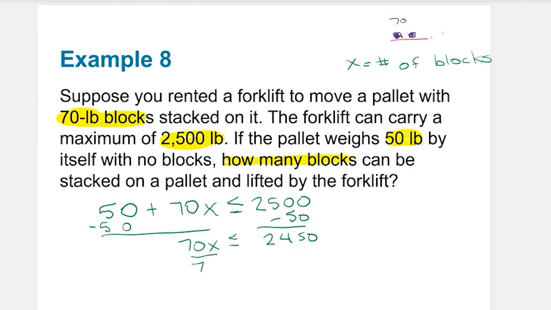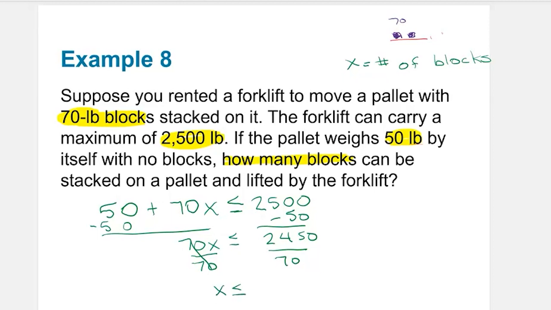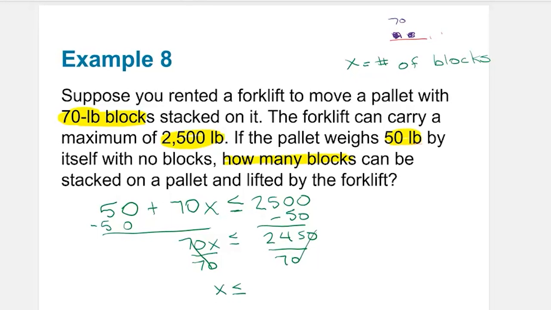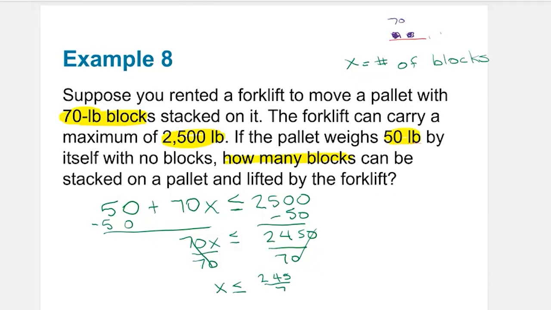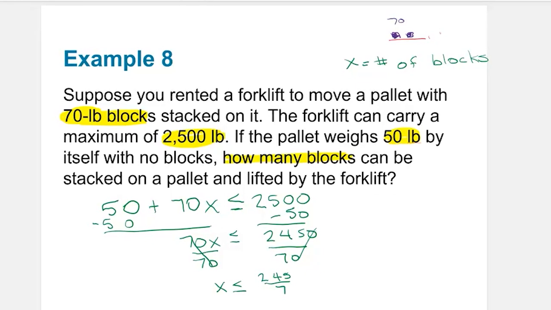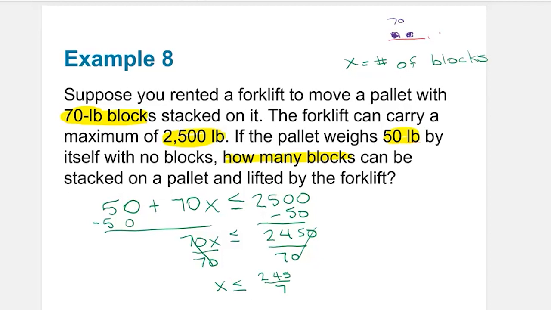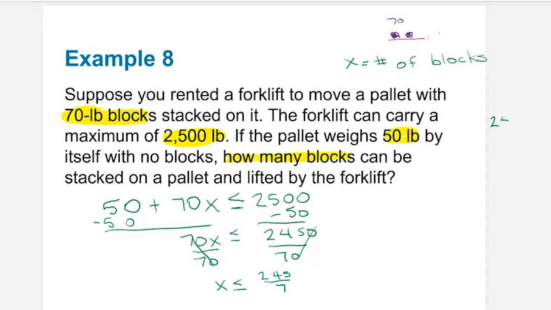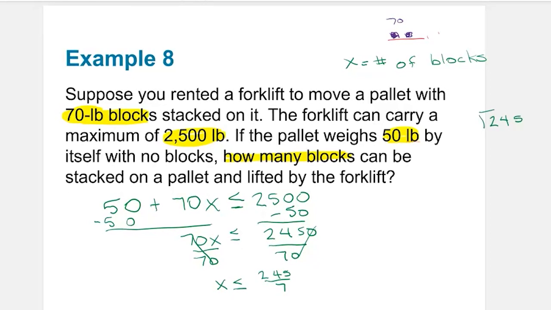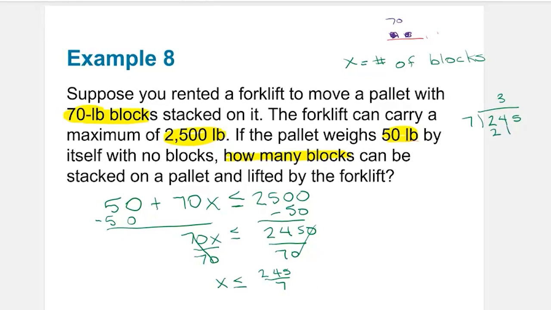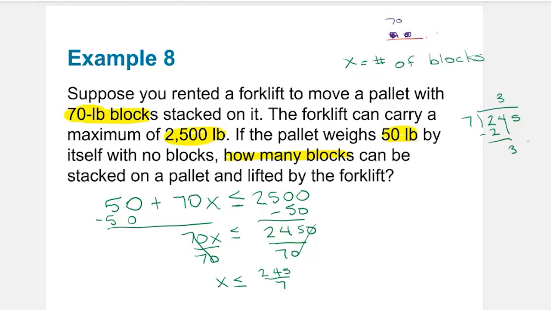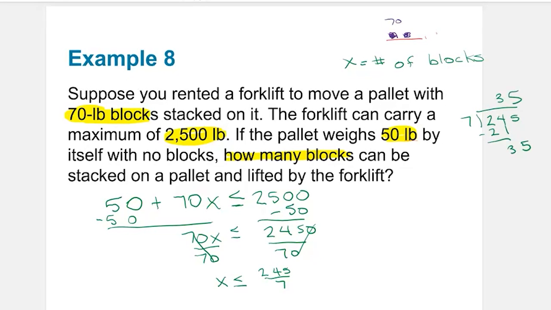I divide both sides by 70. And I get x is less than or equal to, well, I can cancel the zeros, so I know it's 245 divided by 7. And since I don't have a calculator handy, I'll just do it over here. 245 divided by 7: subtract, I get 35, and I get 5, right?